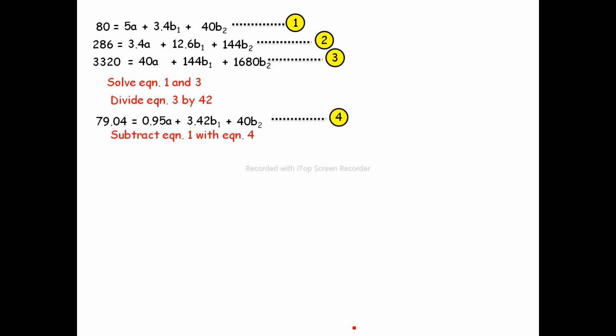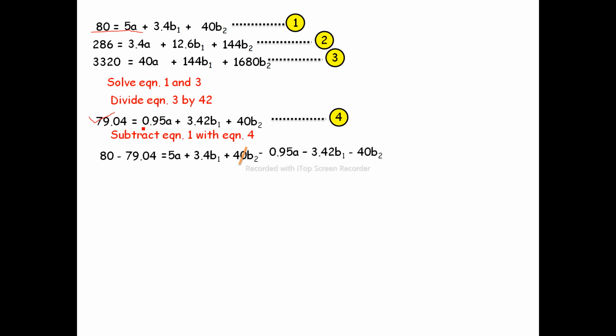Next we'll subtract equation number 4 from equation number 1. So first of all, we'll write the left hand side of equation number 1 and 4, that is 80 minus 79.04 equals, we'll write the right hand side of equation number 1, that is 5a plus 3.4b1 plus 40b2, minus the right hand side of equation number 4, that is 0.95a plus 3.42b1 plus 40b2.